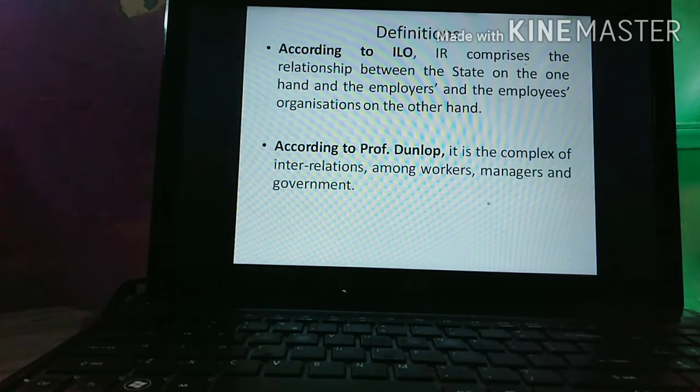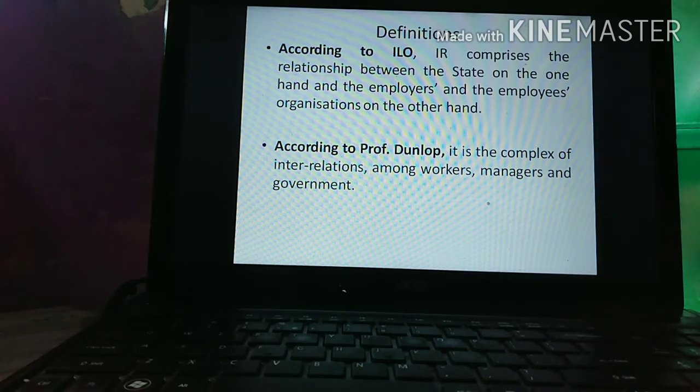There are two definitions of industrial relations. According to ILO, IR comprises the relationship between the state on the one hand and the employers and employees organizations on the other hand. State means the government, right? Earlier in my previous slides, I explained the meaning of industrial relations as the relationship that exists between the employers and employees.